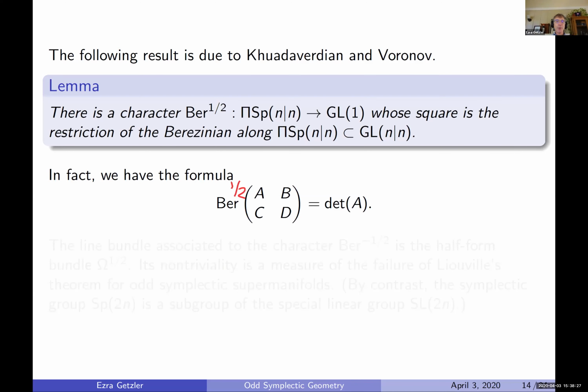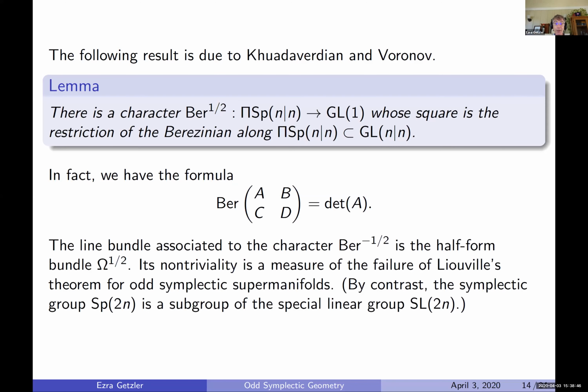Yeah, so the square root of the Berezinian of (A B; C D) is given by that formula, det A, in the very special case that we happen to be symplectic, okay? So miracle of miracles. And what I'm going to be telling you about is some differential geometry that emerges from this observation due to Khudaverdian, okay?